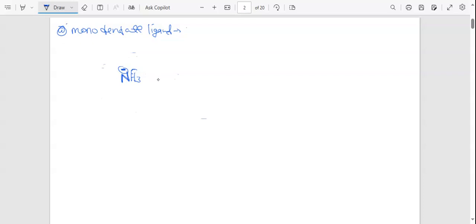So this lone pair is the one which will be used in the bond. It can't use hydrogen to bind to a central metal ion, only nitrogen. So it uses one atom to bind to a central metal ion. We'll have such a case, let's say for tetrahedral.